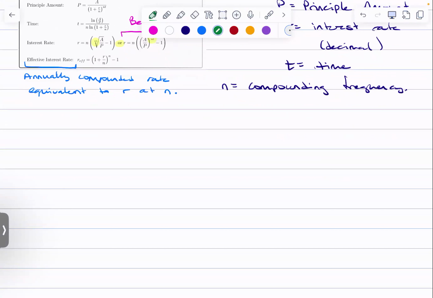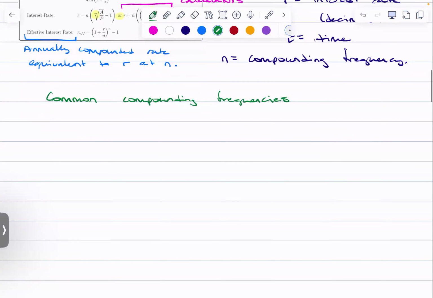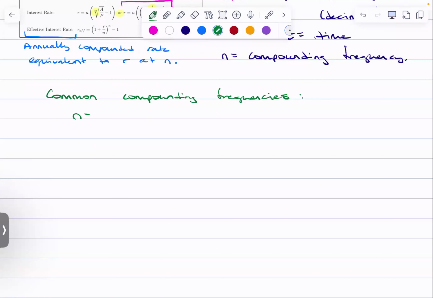Let's recall some common values of n, or common compounding frequencies. N equals 1 is annually. N equals 2 is semi-annually, twice per year.